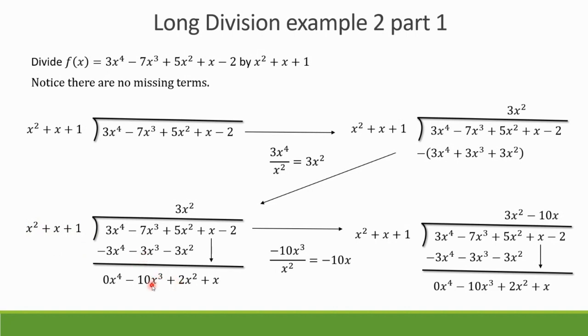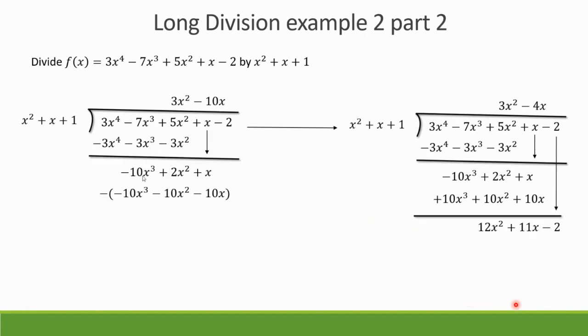So now we repeat it, so we have negative 10x cubed over x squared, as we can see, and that's negative 10x. And so that goes over the x term. We multiply minus 10x times this, and then the product goes below this.